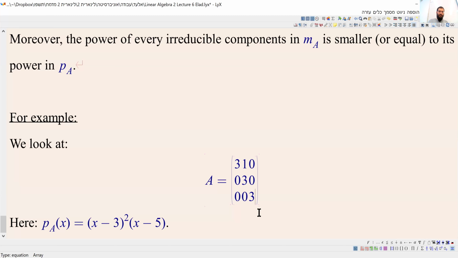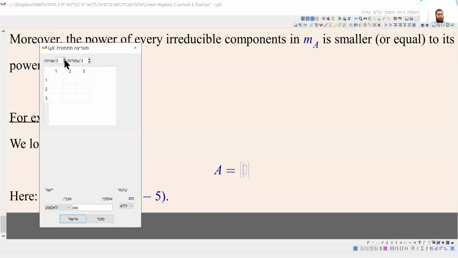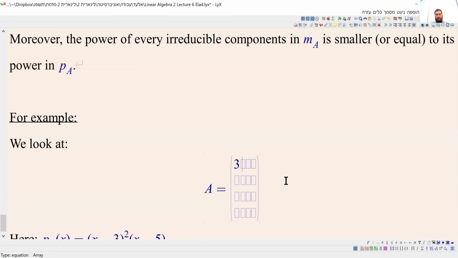I don't want it to be too long. To be 4 by 4 is exhausting, but probably it's for the best. If it's 4 by 4, it will be more convincing. So that's 3 and 5, and zeros and 1.